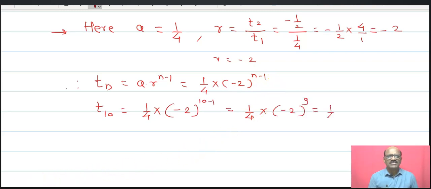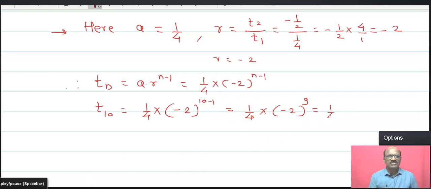Here we have substituted the value: A is 1 by 4, the value of R is minus 2 raised to n minus 1, and that's why T10 is equal to 1 upon 4 into minus 2 raised to 10 minus 1, which is equal to 1 by 4 into minus 2 raised to 9.